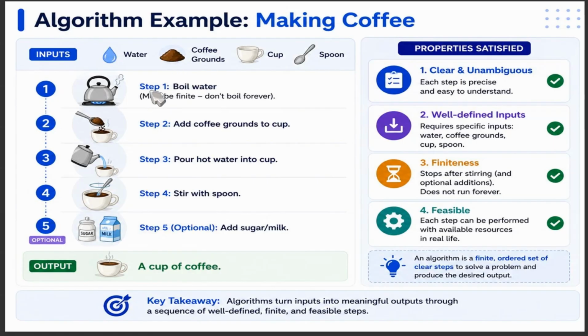First we boil water, then add 2 tablespoons of coffee grounds to the cup, and then we add hot water into the cup, stir with the spoon, and add sugar or milk. Finally, the output is the cup of coffee. Is it clear? Yes, right? Finite and also feasible. That's an algorithm.